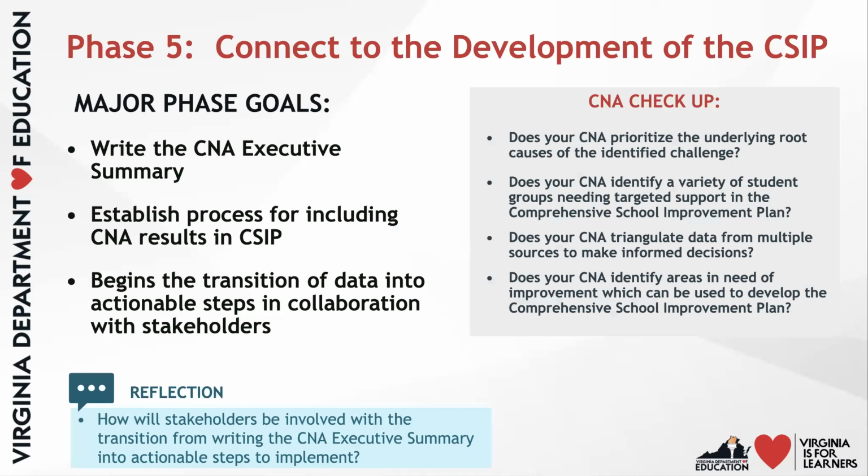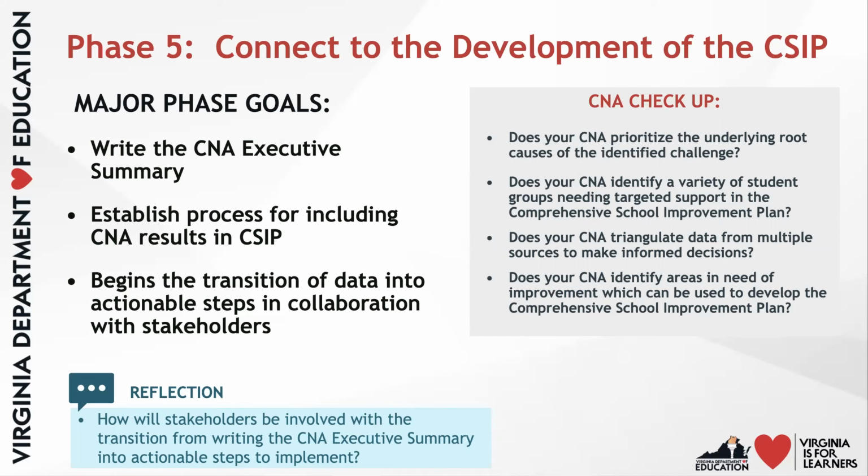So to the right of your screen, you'll see some little tips to remind you during this process, a little CNA checkup. So I want you to think about, does your CNA prioritize the underlying root cause of the identified challenge? Does your CNA identify a variety of student groups needing targeted support in the comprehensive school improvement plan?